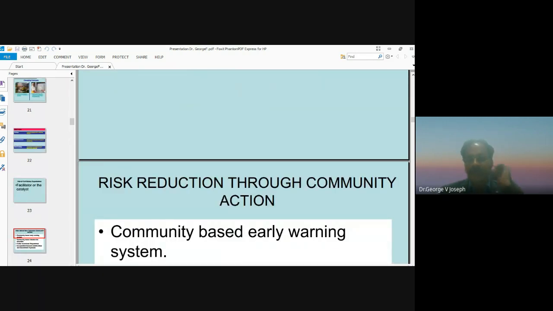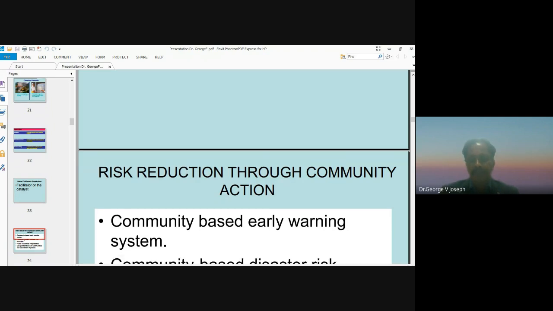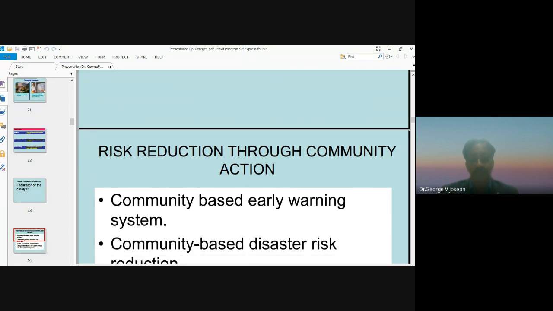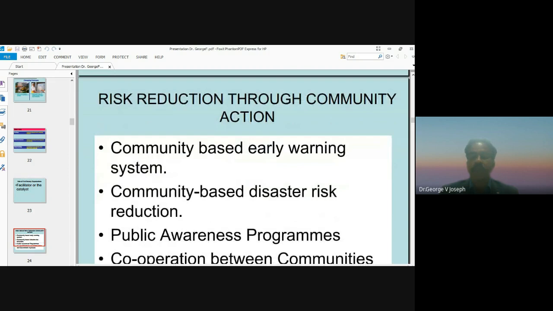Now, risk reduction through community action. How can we reduce community risk through various activities at the community level? One is a community-based early warning system. Initially, when we spoke about disaster response, we spoke about early warning as one of the important activities.